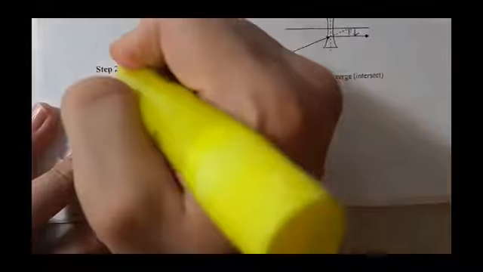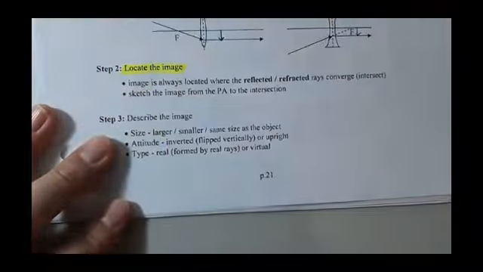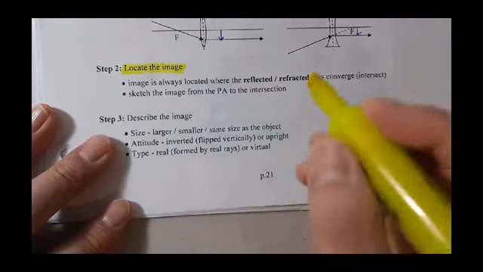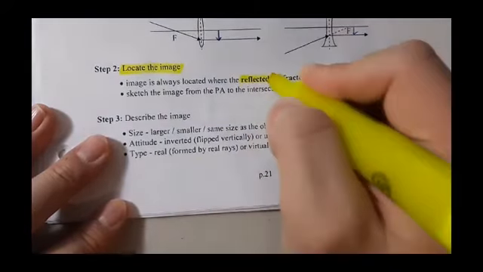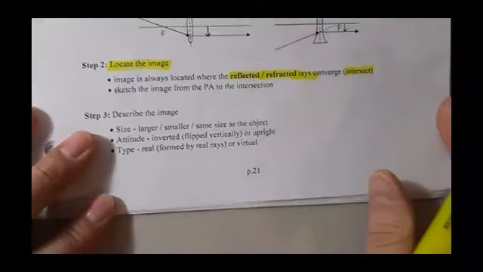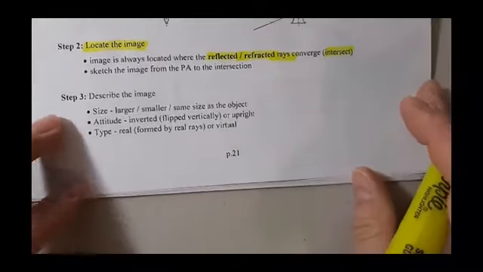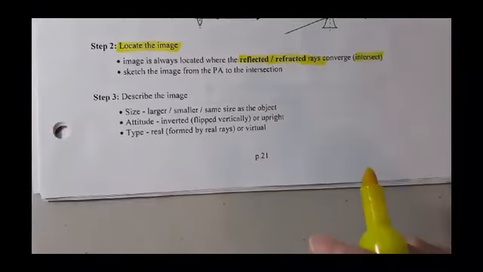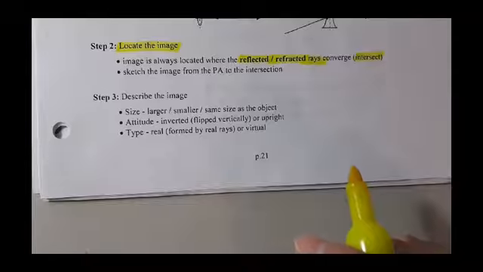And once you identify that, you need to find out exactly which point the location is. An image is always located where any type of reflected or refracted rays intersect together. So if I draw my first radiation and second radiation and there's an intersection point, that's where the image should occur.